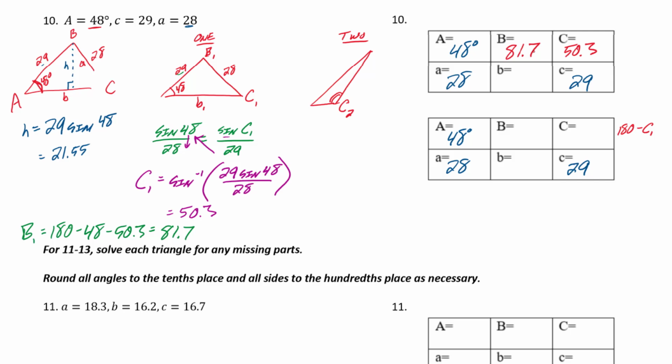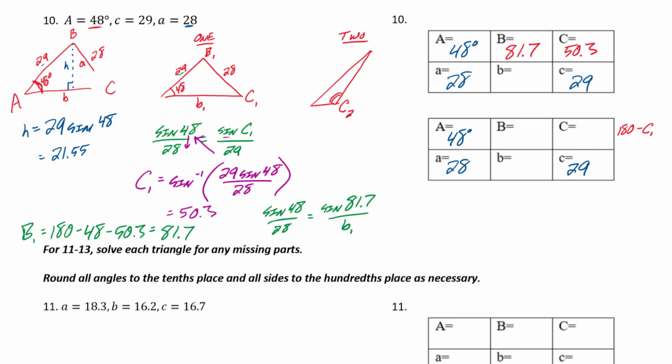At this point, might as well go ahead and solve the rest of the way for that specific triangle. Utilizing the law of sines, I'm running out of space here quickly, but I've got sine of 48 over 28, which I'm going to keep using since those were the two things provided, and that should equal sine of the angle I just found, 81.7, over the first side B to complete my first solution.